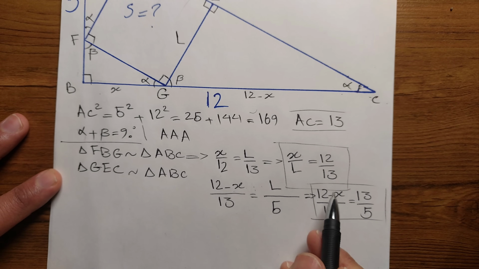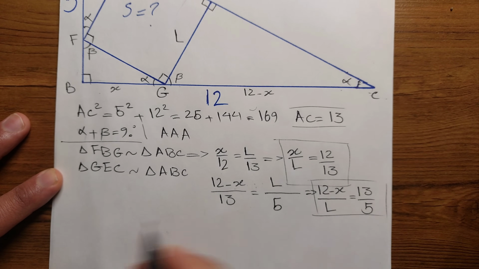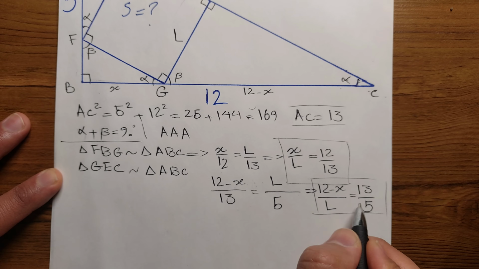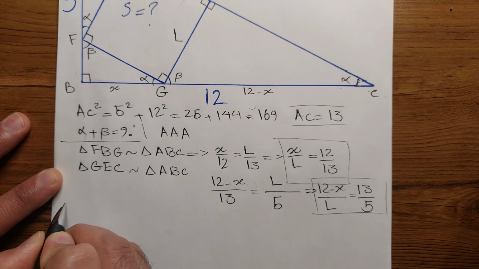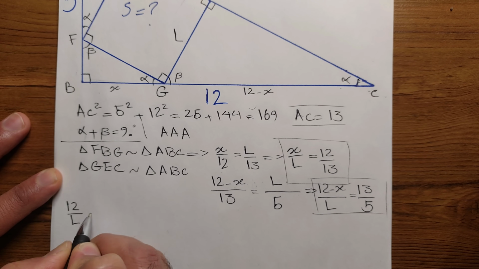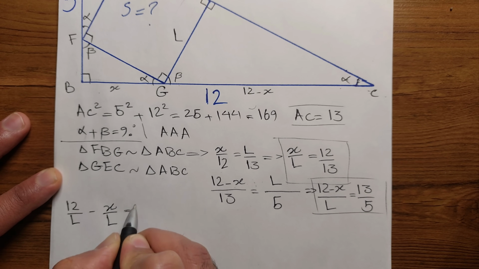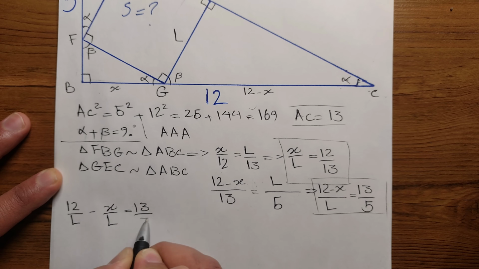Now we can simplify it and divide. Let me write it down here so that we can use this part. Based on this relationship, we can rewrite it in this way: 12 over L minus x over L equals 13 over 5.